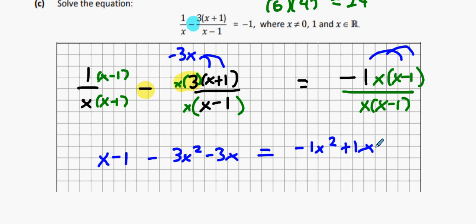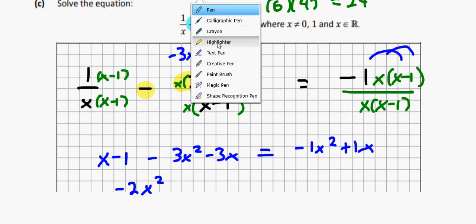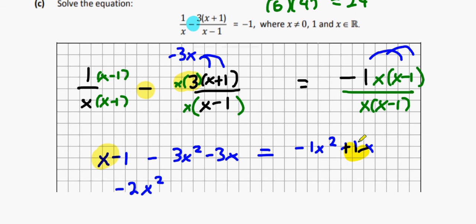Bring everything over to one side, and we should get minus 2x squared. Then these ones cancel, do they? That one and that one. They're the same on both sides, aren't they? What do I have left here?